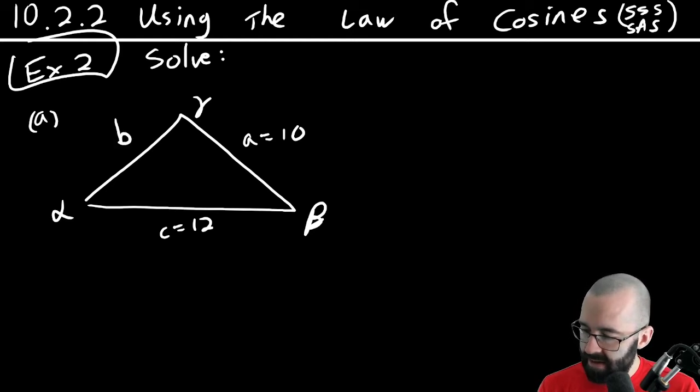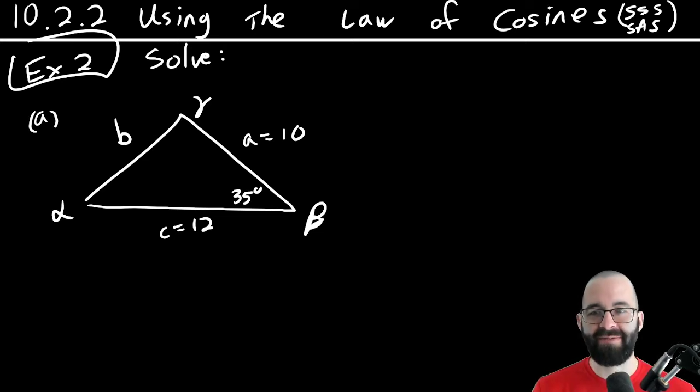B is right here. And in my notes, I forgot to give you information. I didn't tell you what beta was in my notes, so I guess I'll just make it up. Let's say beta is 32 degrees, 35 degrees. I don't know. All right. We need that information.